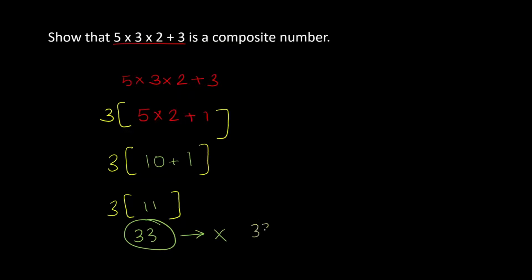It has 3, 11, 1 and 33 itself, so there are 4 factors and not 2. So that means that this is a composite number.